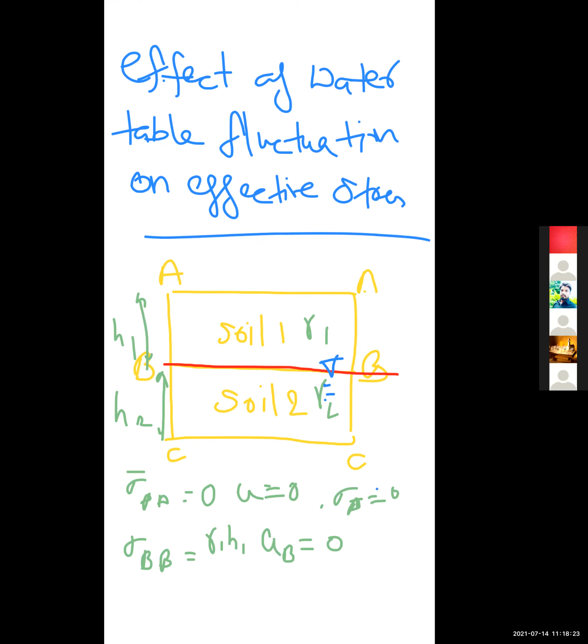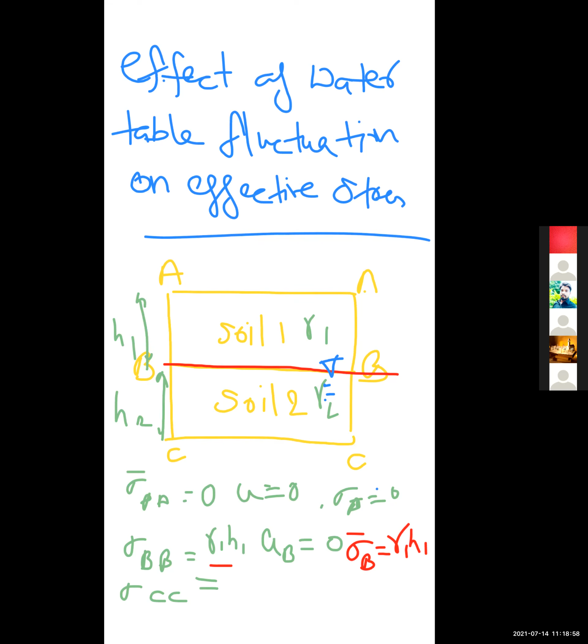So what is the effective stress at BB? That is similarly gamma 1 into H1. Okay, point is clear. Next is the total stress at CC. Total stress at CC, how much? Here also gamma 1 into H1 plus gamma 2 into H2.